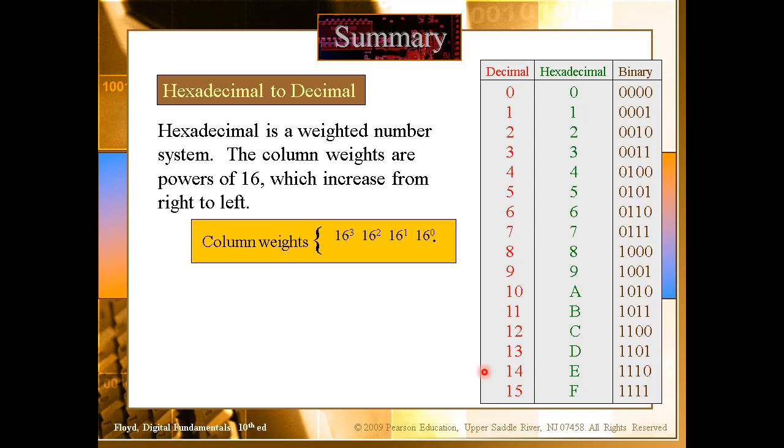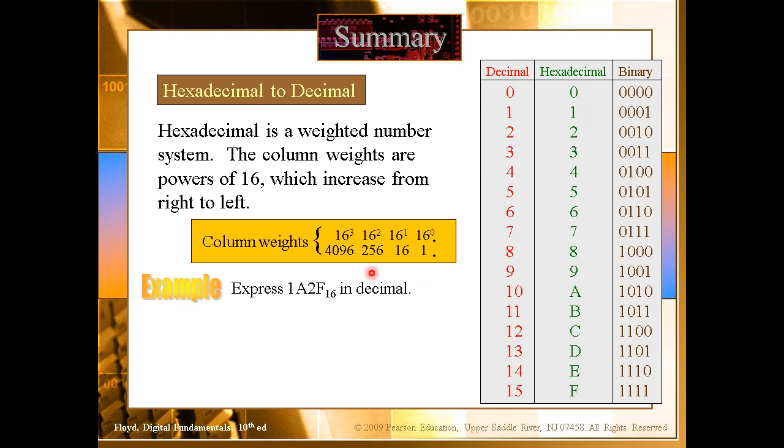Similarly in hex the weights are all in terms of 16: 16 to the power 0, which is just 1, 16 to the power 1, which is 16, 16 squared, which is 256, and 16 cubed, which is 4096. Next one would be 16 to the power 4, so you know the weights of the positions.